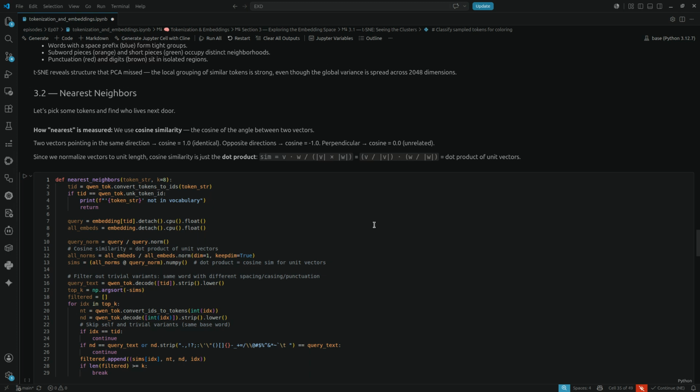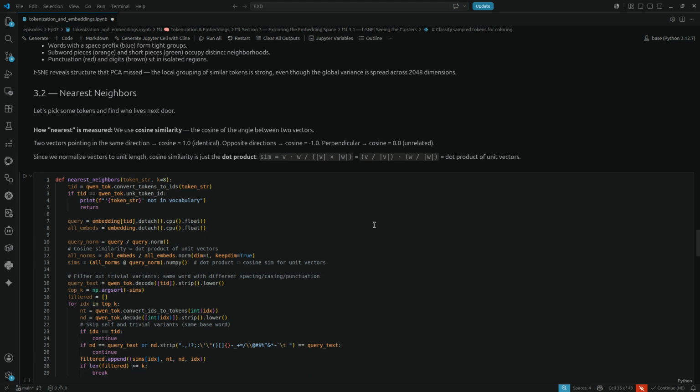Now, if you remember linear algebra, the main difference between a vector and a scalar is that a vector not only has magnitude, which is the length of the vector, but it also has a direction. And in this kind of directional space, one way that we measure similarity is using cosine similarity. It's literally the cosine of the angle between two vectors.